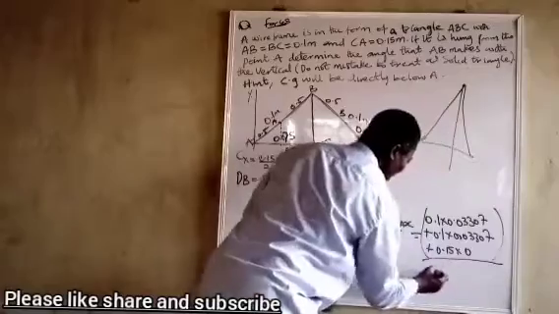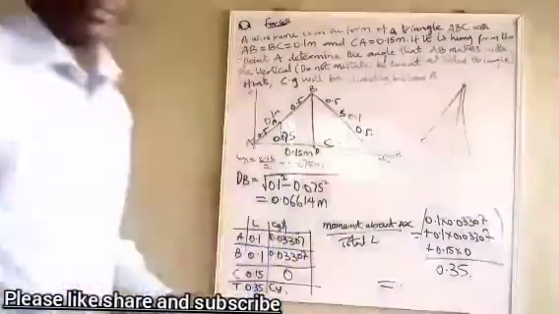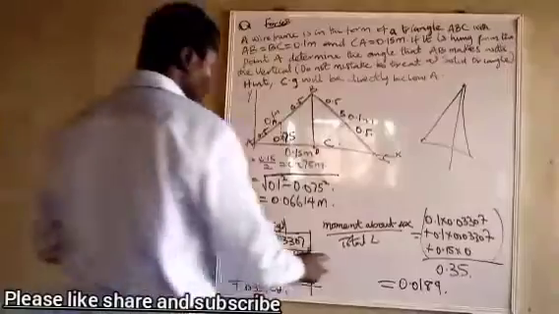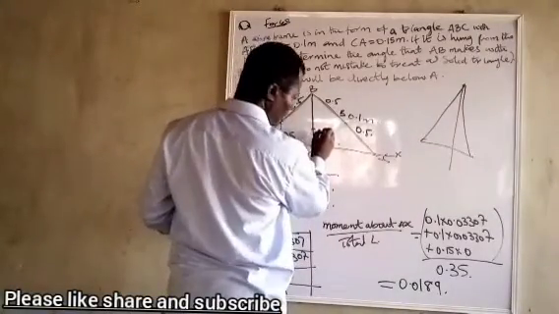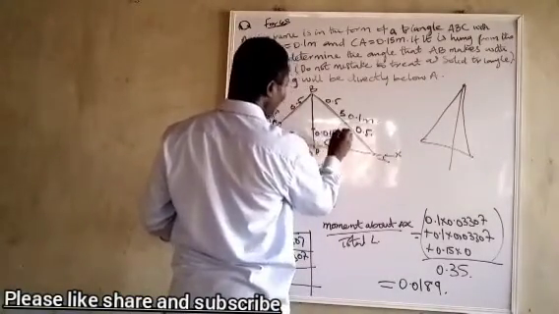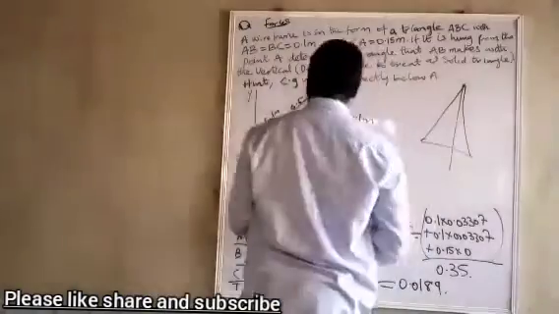All will divide by 0.35. So what is that going to give us? So you are going to have it here from this base 0.0189. Let us now look at something.